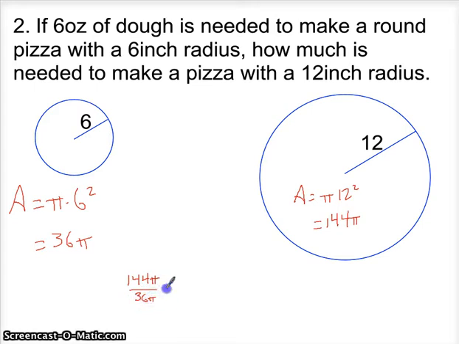And we get 4. So that means there's actually 4 of these circles that fit in here. So how much dough are we going to need? Well, it was 6 ounces of dough to make the little one, so it's going to take 4 times 6, or 24 ounces of dough to make the big one.